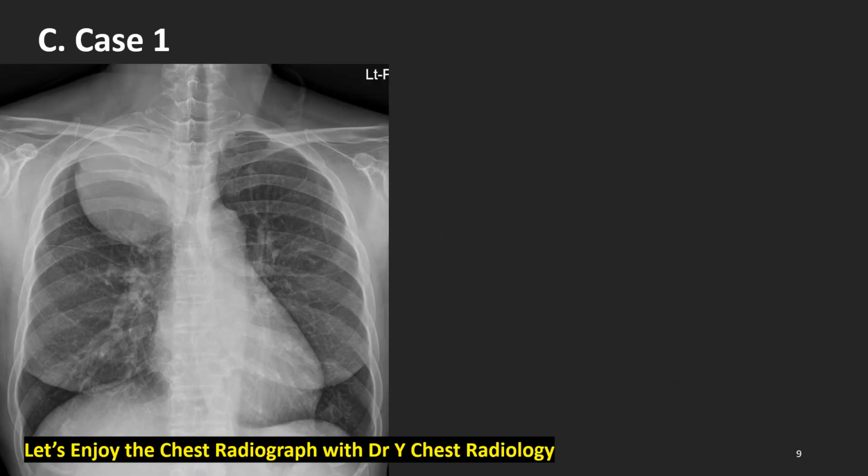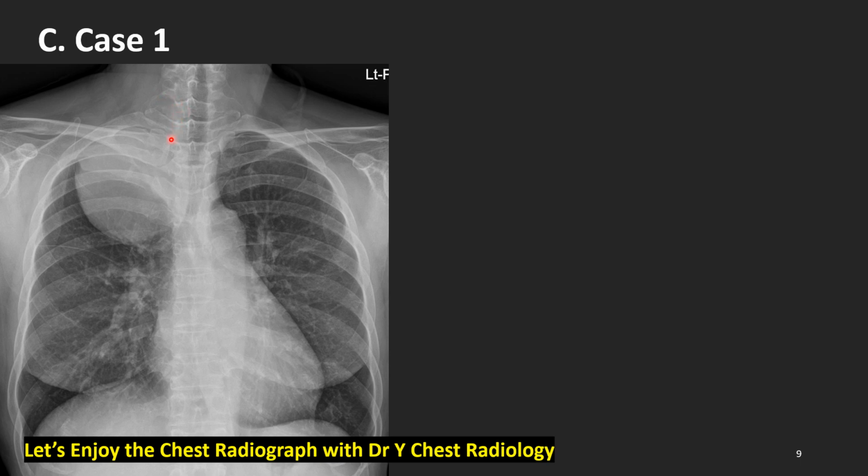Let's start case number 1. This is a frontal chest radiograph of a middle-aged woman. There is a 7 cm well-defined, homogeneous mass in the right upper lobe or mediastinum. And there are other findings here: benign pressure erosion, not destruction of the spine or vertebral body.